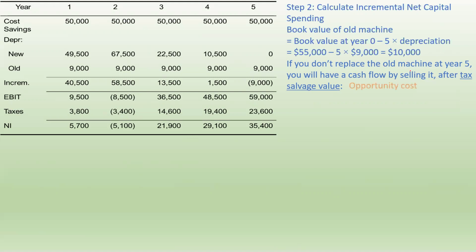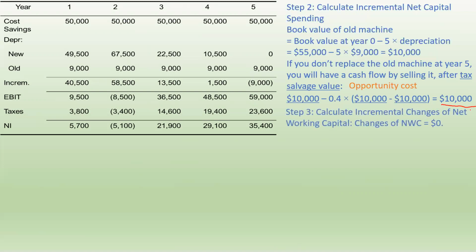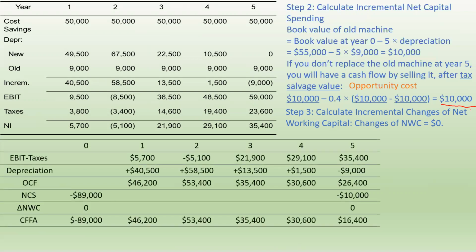The after-tax salvage, which is your opportunity cost, and you have to include in your analysis, will be 10,000 minus 0.4 times (10,000 minus 10,000). You will sell at 10,000 and the book value is 10,000. So again, the after-tax salvage value is 10,000. That's your cash inflow. And there's no change in net working capital.